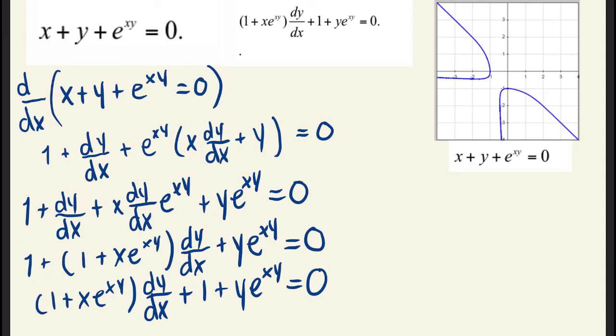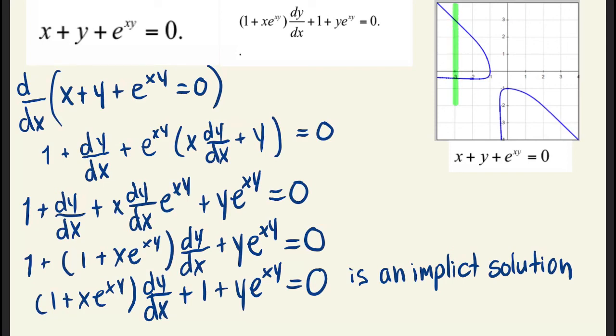And rearranging the terms, we are left with 1 plus x e elevated to the xy times the derivative of y with respect to x plus 1 plus y e elevated to the xy equals 0. So yes, this is a solution, but not everywhere.